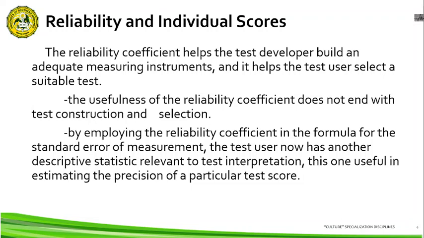By employing the reliability coefficient in the formula for the standard error of measurement, the test user now has another descriptive statistic relevant to test interpretation. This one is useful in estimating the precision of a particular test score.